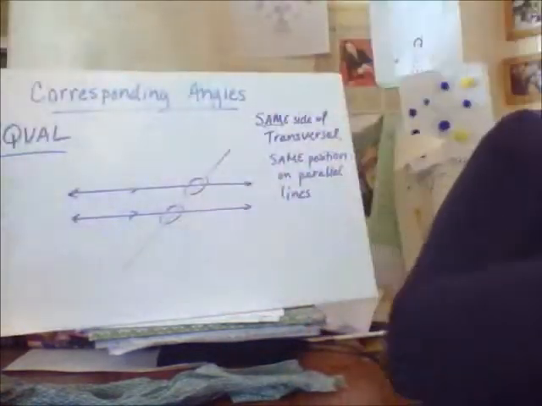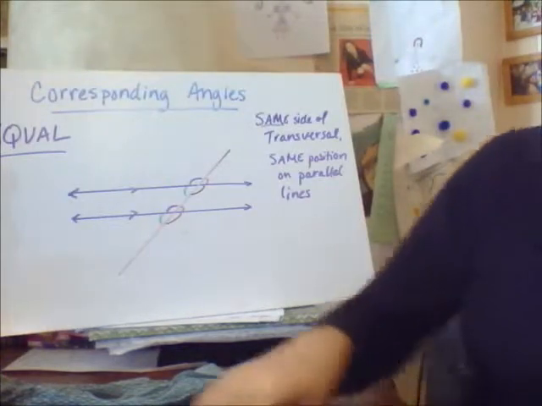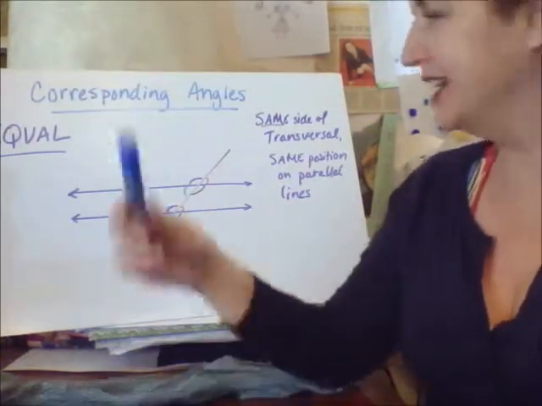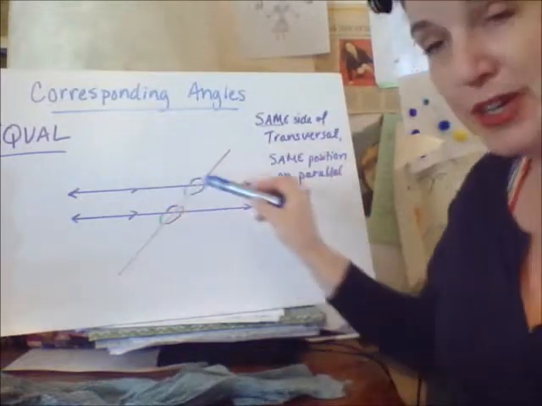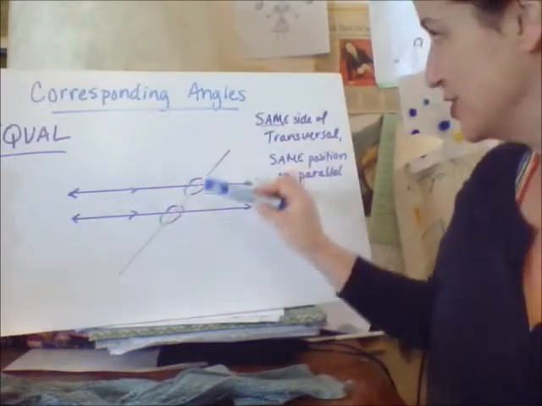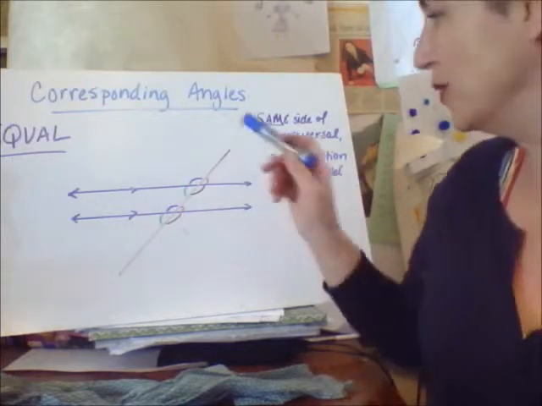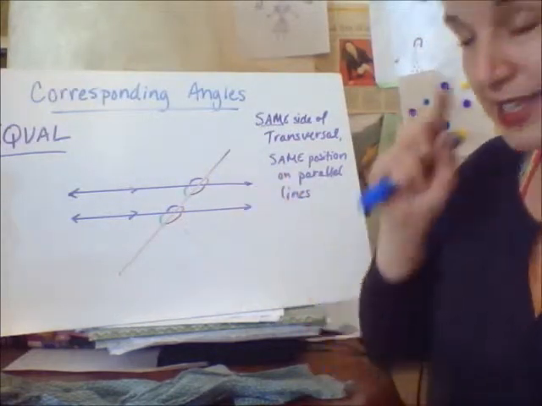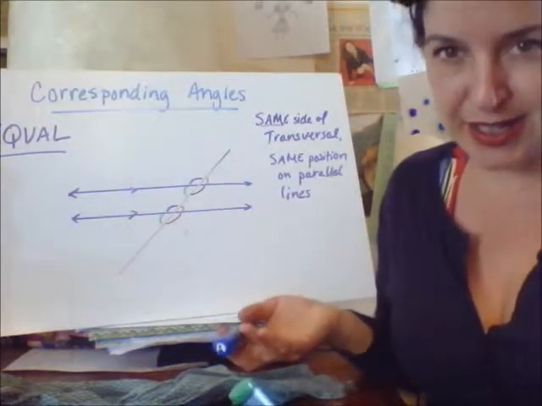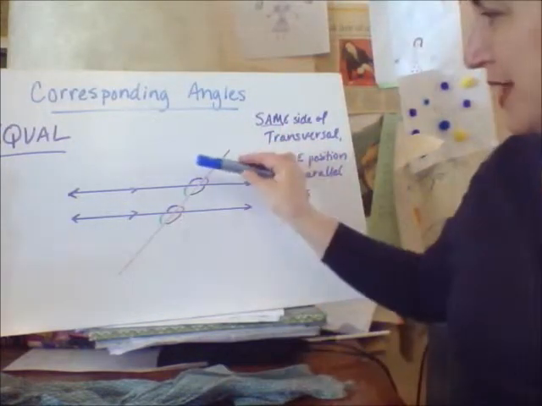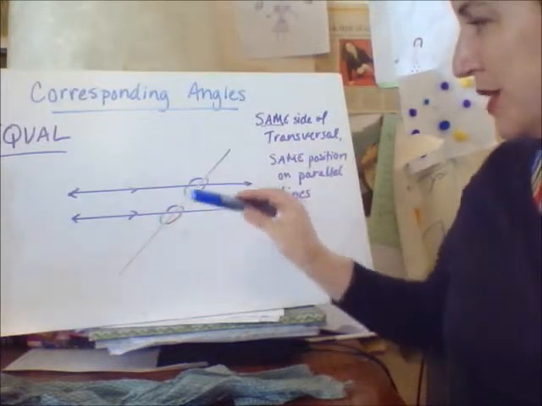The next sort of angle that you can have around a set of parallel lines in a transversal, they're called corresponding angles. Okay, so I've still got my parallel lines, I've still got my transversal, but this time I'm looking at corresponding angles, and they are on the same side of the transversal and the same position on the line. So they're sort of like a little mirror, a little twin, I think.